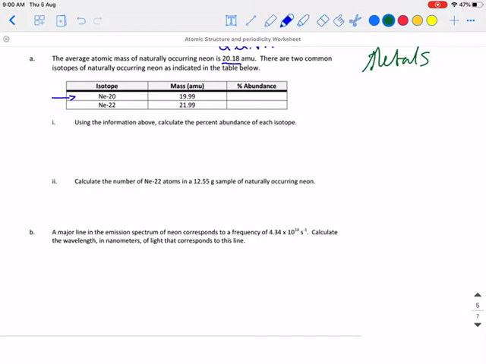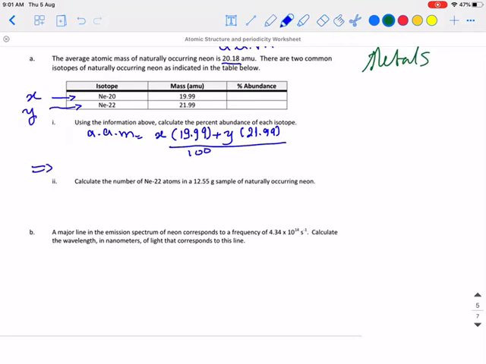I'm going to assume the percent abundance for neon 20 is x and the percent abundance for neon 22 is y, and I will construct equations. The first equation I can write: average atomic mass is the percentage abundance of neon 20 times its mass 19.99 plus the percent abundance of neon 22 times 21.99, all divided by 100.